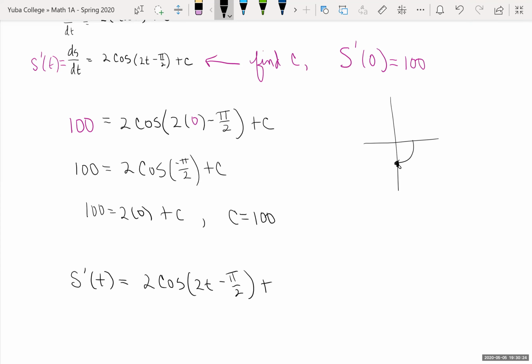So are we plugging in 0 for t? Yeah. They gave us s prime of 0. Okay. So we want the original function, we want s of t, and we have the derivative.